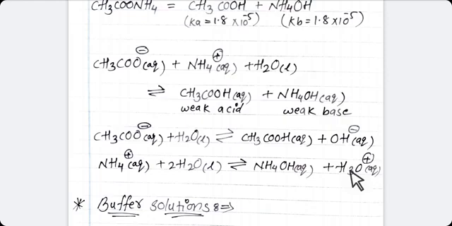Hydrolysis of NH4 plus produces as many H3O plus ions as the acetate ion produces OH minus ions. So this type of salt, for which Ka is equal to Kb, is neutral. The solution of this salt is neutral because H3O plus and OH minus ions are produced to the same extent.